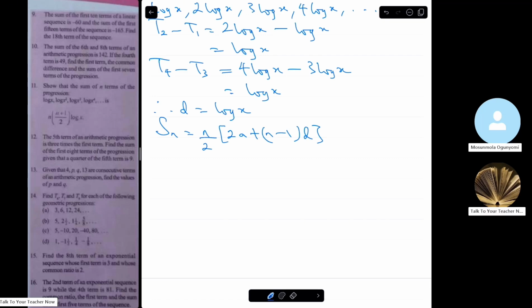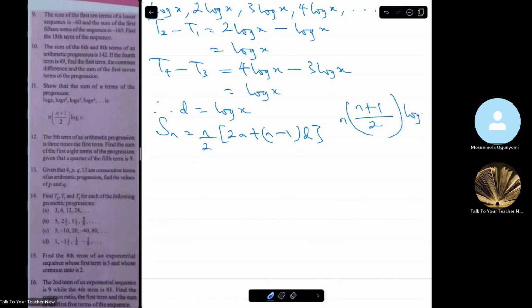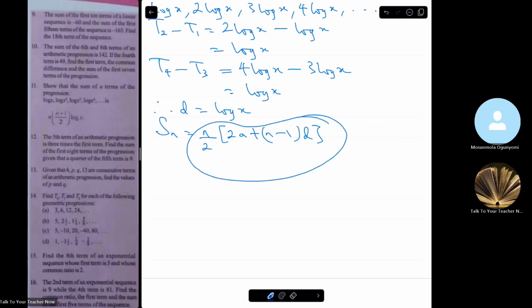We now want to show that it is equal to n into bracket n plus 1 over 2 times log x. So we are going to simplify this one and see if it will give us n into bracket n plus 1 over 2 log x.